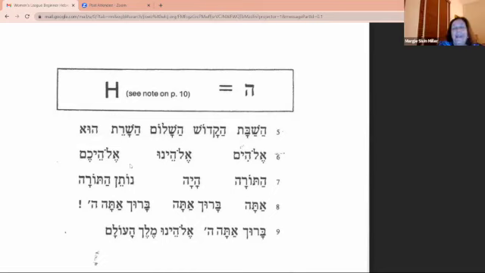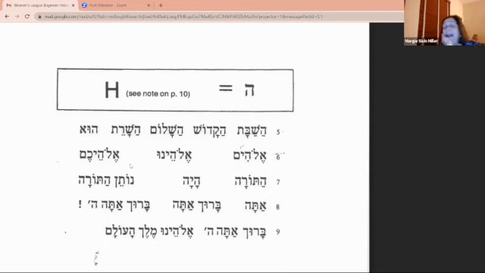Hot toe ra. I cannot keep those separated. Resh is rounded and the dalet has a dent. There you go. And the H is silent. You see, there's an example of the hey being the last letter. Why it's there, just to make us nuts. We don't know.